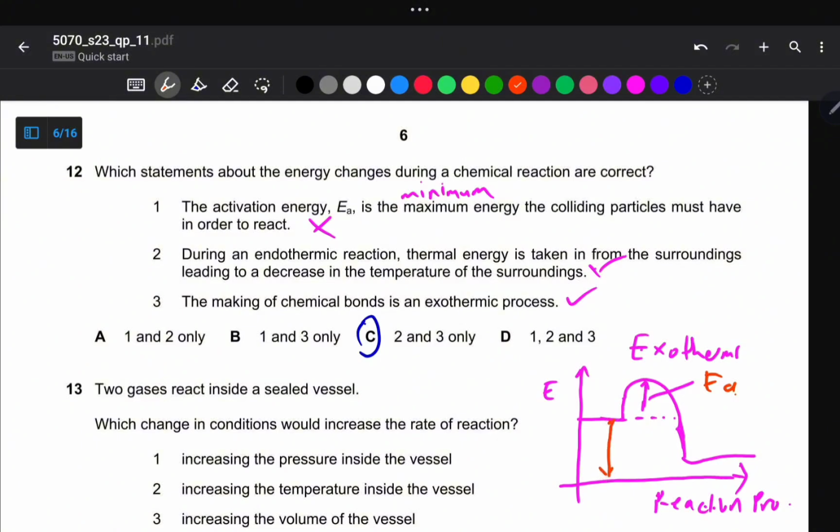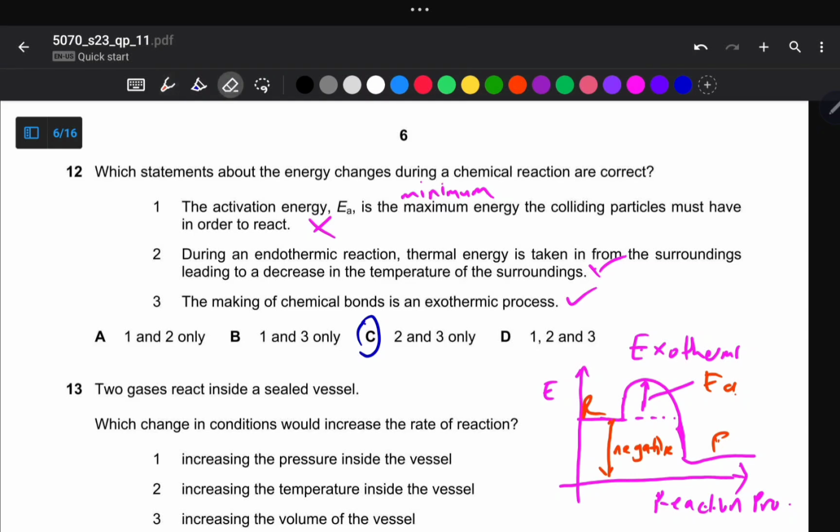This is the loss of energy, so it's negative. Here we've got the reactants and here the products. As you can see from this diagram, the energy level of the reactants is higher than that of the products, meaning some of the energy is lost to the environment. Are we together? You need to know this diagram.